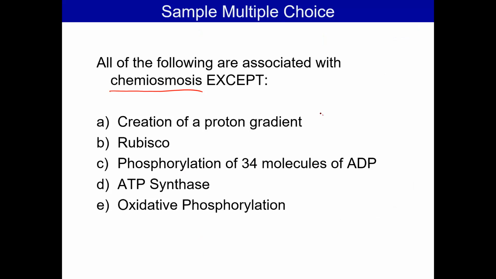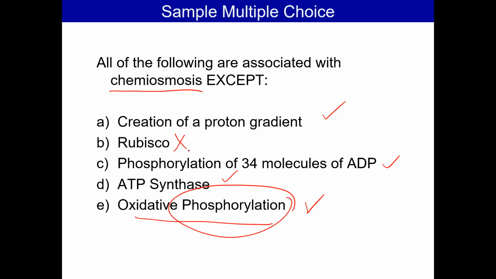Proton gradient, ATP being made, oxidative phosphorylation, this is where ATP is being made, yes. Rubisco, no. What is Rubisco again? Rubisco is the enzyme that grabs carbon dioxide. It has nothing to do with any electron transport chain. It doesn't even use ATP. So that one is the correct answer. Again, try to read the question carefully, and hopefully if you know your stuff, you'll do really well.